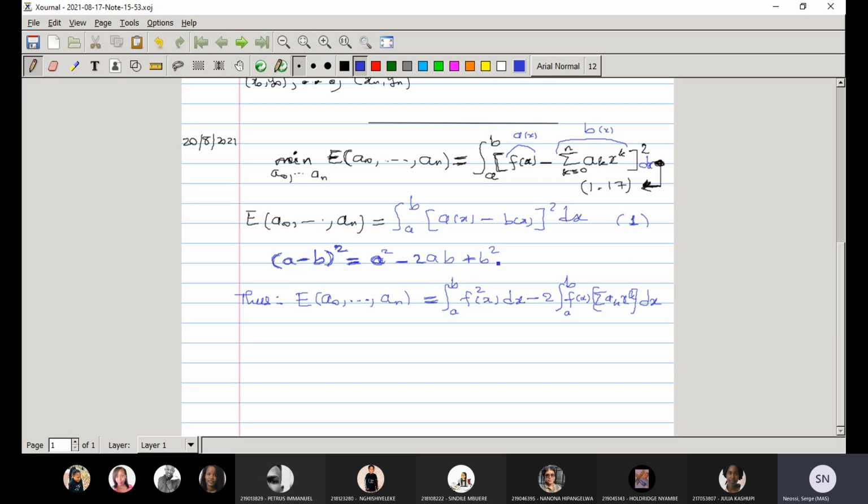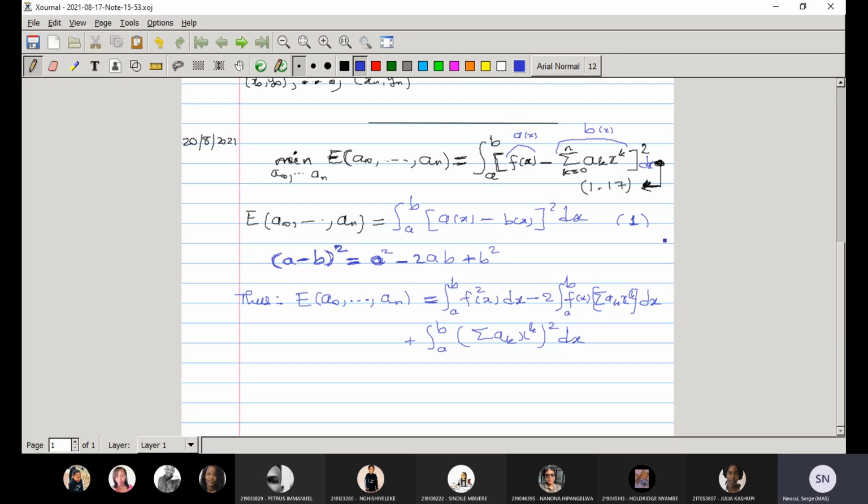And finally, plus b squared, which is this entire expression squared: plus the integral from a to b of the entire expression squared dx. So that's what we get at this stage.